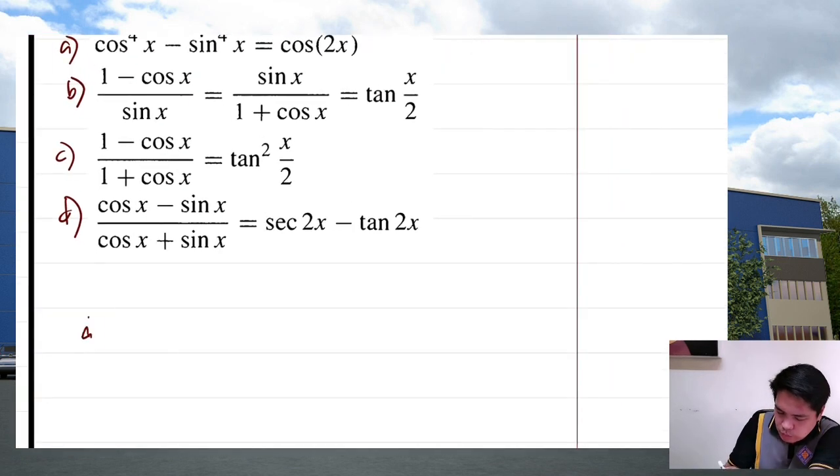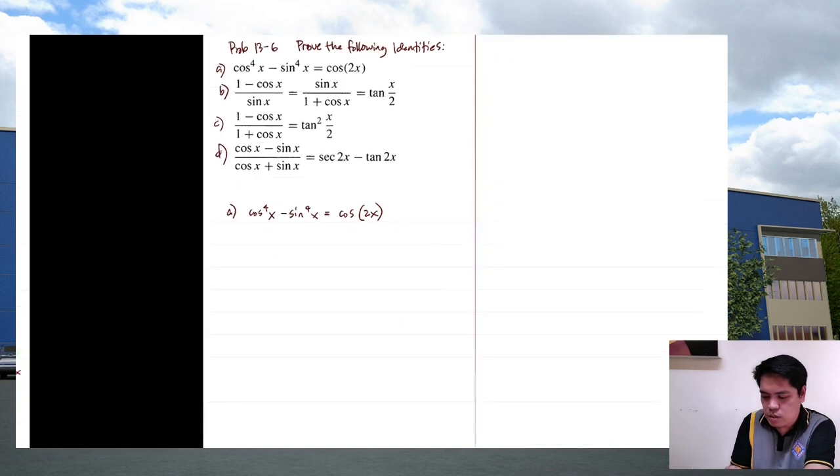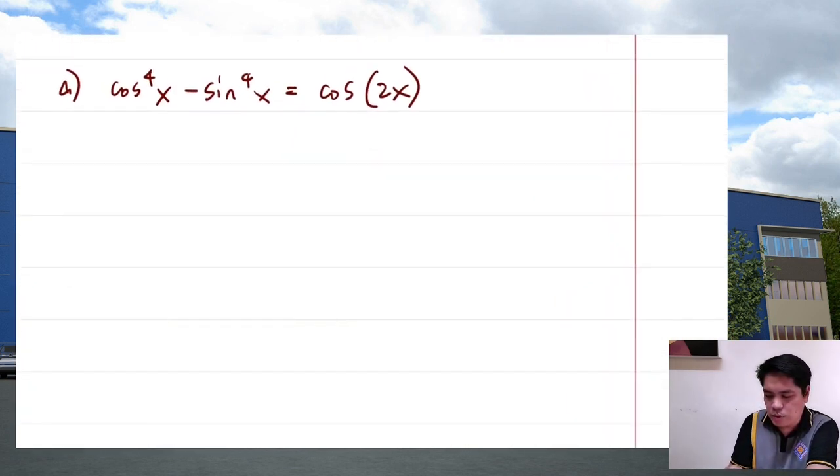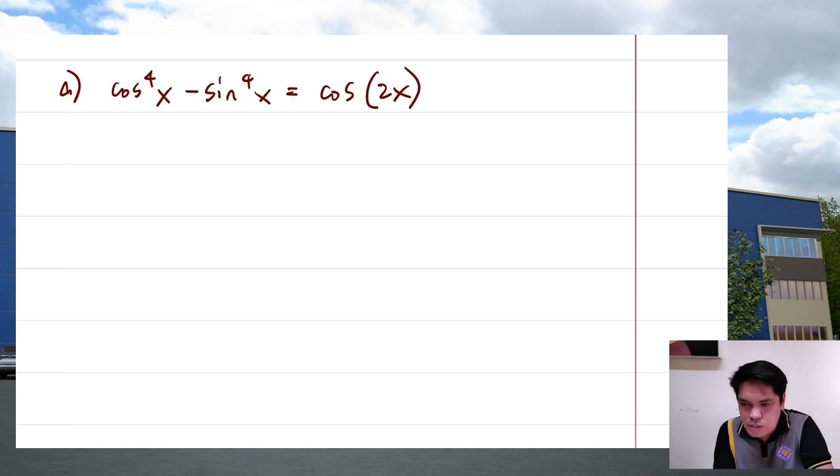So for letter A, we have cosine raised to 4x minus sine raised to 4x. That's equal daw to cosine 2x. So, ito na lang yung gagawin ko pag-prove nito, kasi as you notice, the terms in the expression in the left side are a little more complicated than on the right side.